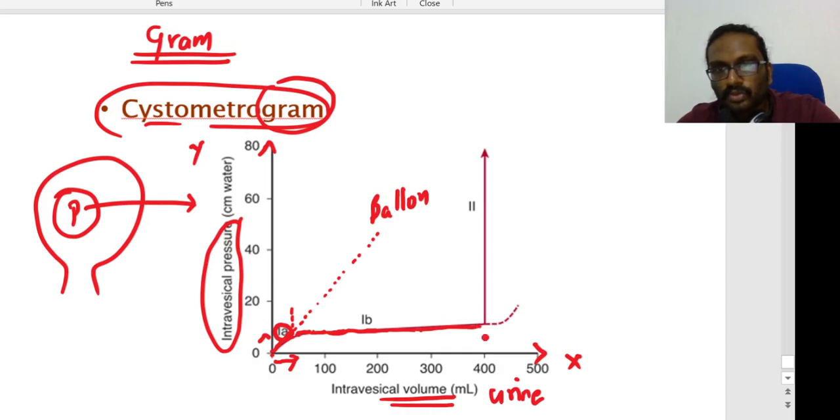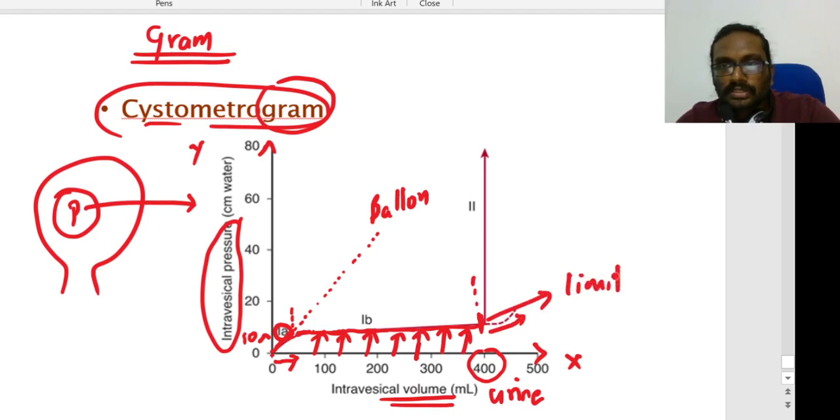About 100 ml, until the bladder is having 400 ml, your pressure is below 20 centimeters of water, even around 10. But after 400 ml, this becomes almost the limit of stretch of your muscle.